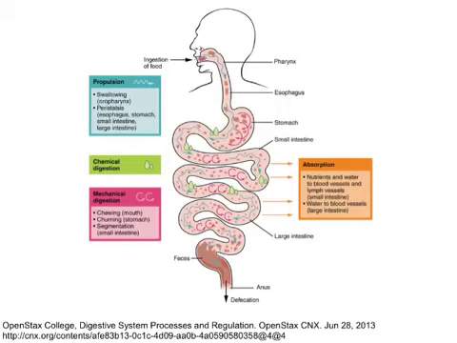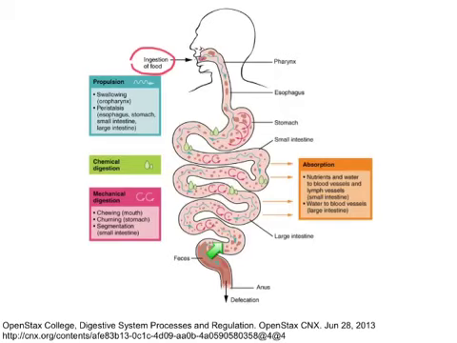This diagram summarizes where all of these activities actually occur. So you've got ingestion happening up at the mouth. You have propulsion with swallowing in the oropharynx and upper esophagus, peristalsis taking over in the esophagus, stomach, small intestine, and large intestine.